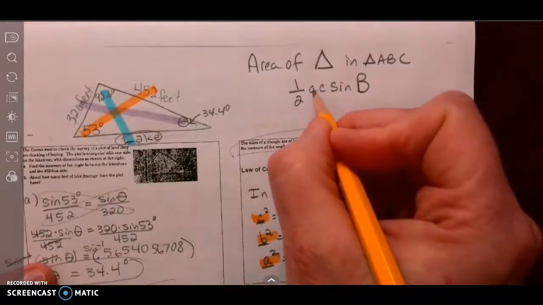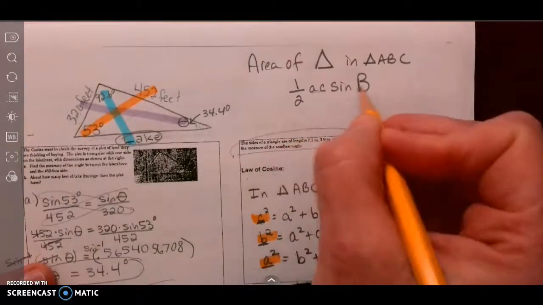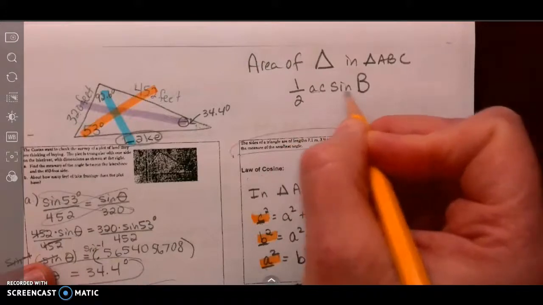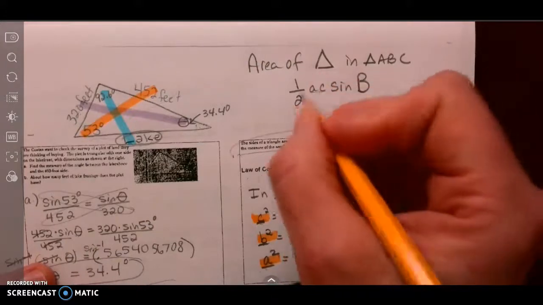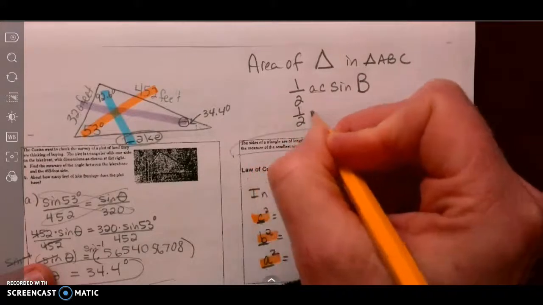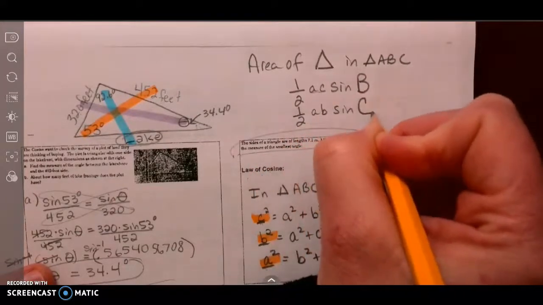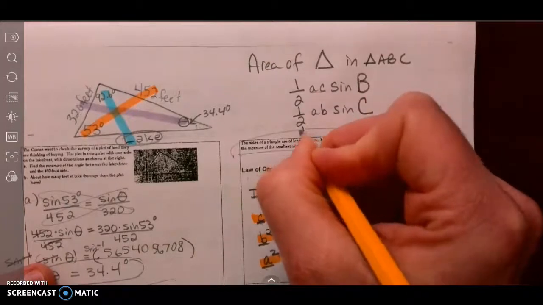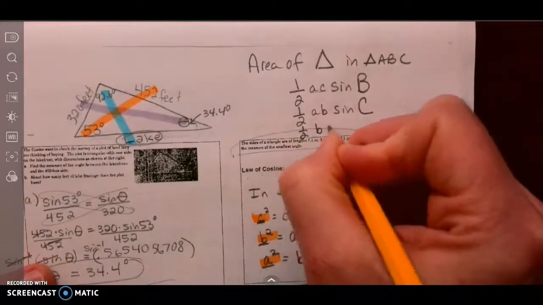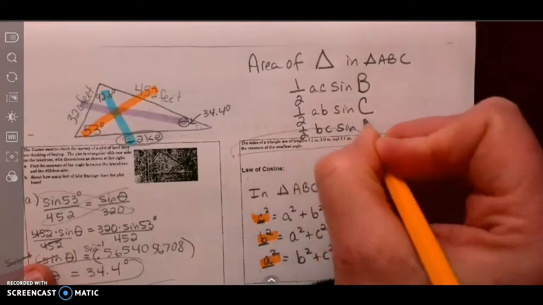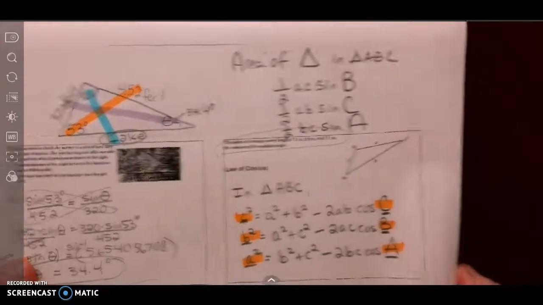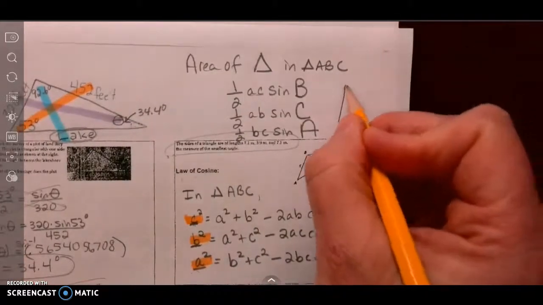So notice, whatever the sides are, you're taking the sine of the angle that is not one of these sides. Or it's 1/2 AB sine of C. Or it's 1/2 BC sine of A. So I want you to think about it in the picture.